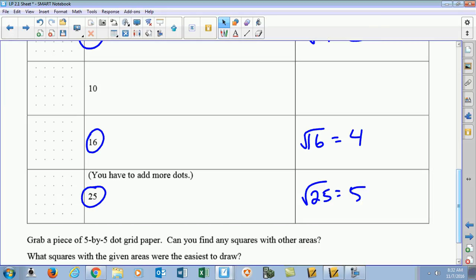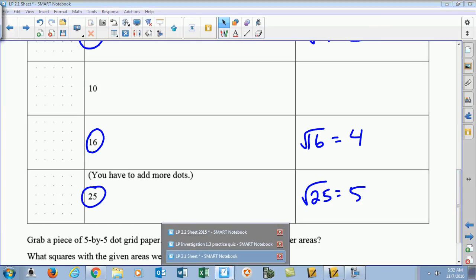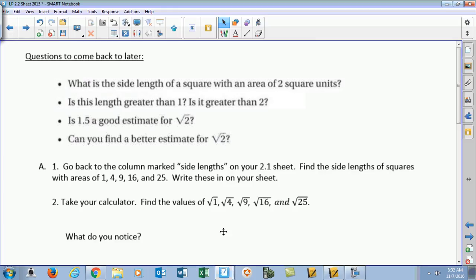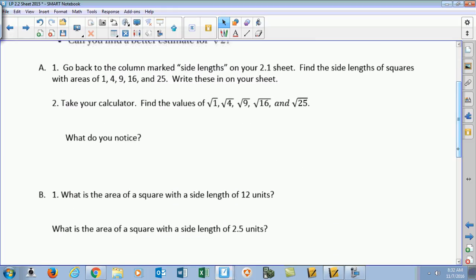All right, jumping back to our other sheet real quick. We found these numbers to be 1, 2, 3, 4, and 5. What do you notice about those numbers? Yeah, they're consecutive; these numbers increase by 1 every time.